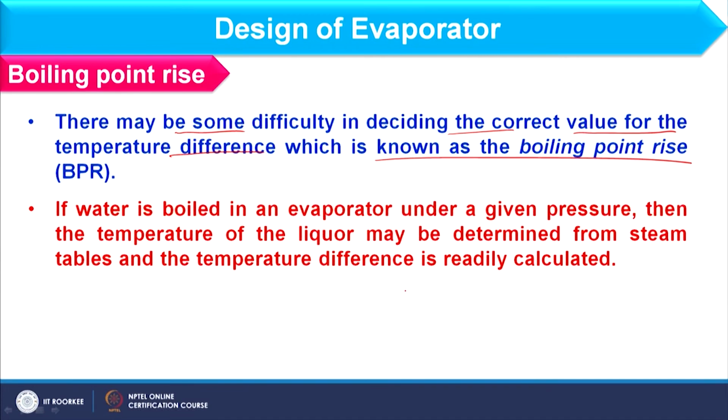If water is boiled in an evaporator under a given pressure, then the temperature of the liquor can be determined from the steam table. Because what is boiling point rise? It is the temperature at which the solution boils minus the temperature of the pure solvent. Usually we consider water as the solvent in an evaporator, so the pure water boiling point can be obtained directly from a steam table corresponding to a particular pressure.